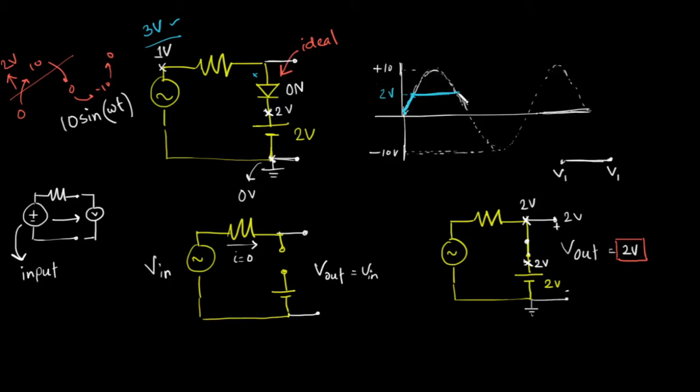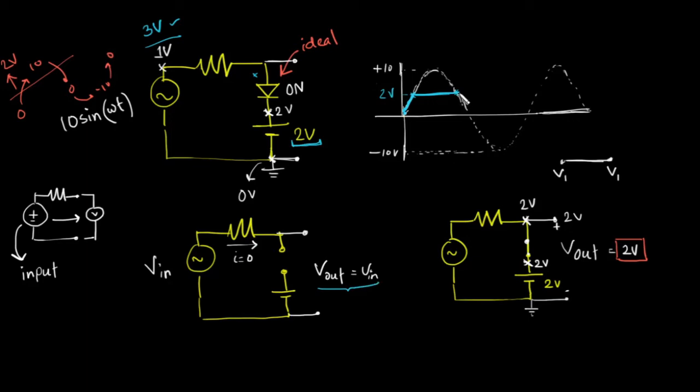And if the input now falls below 2 volt, then what will happen? Well, the diode will turn off again, right? As we know, the diode will remain on only if the input is greater than 2 volt, or greater than the voltage source that I am using. So if the input falls below 2 volt, the diode will turn off, and if the diode is off, then the output voltage will again be equal to the input voltage.